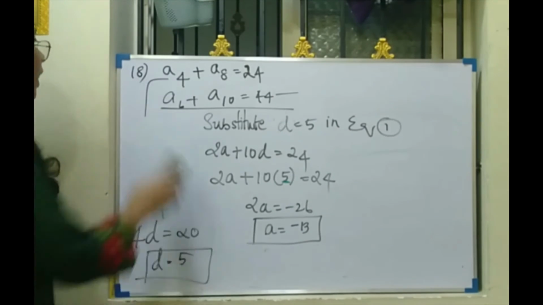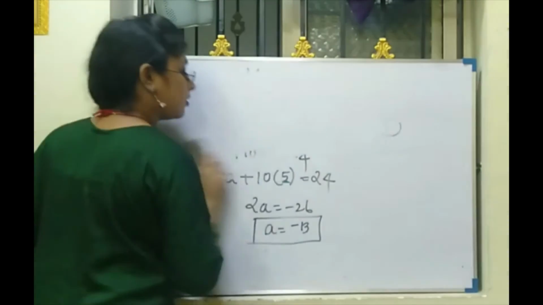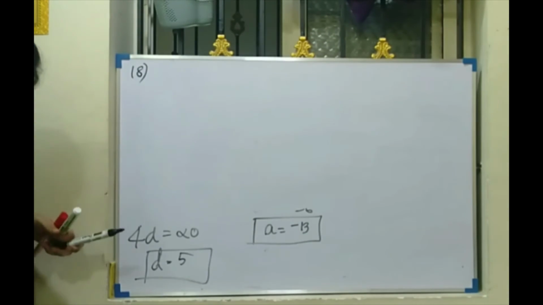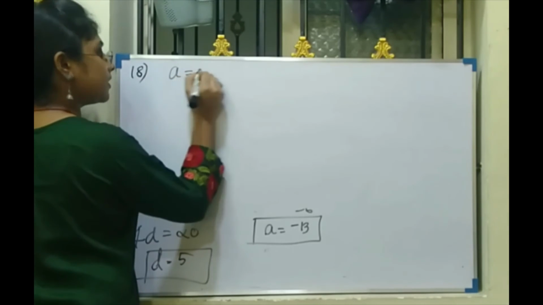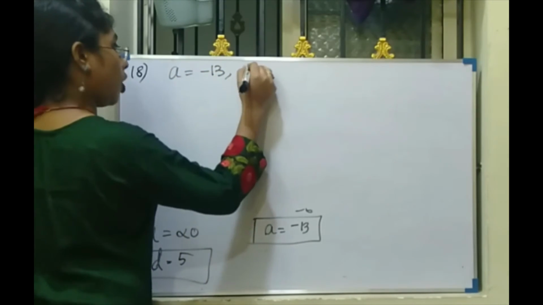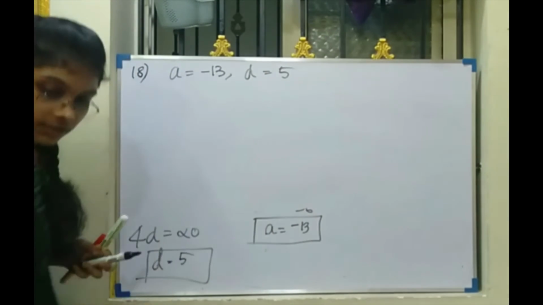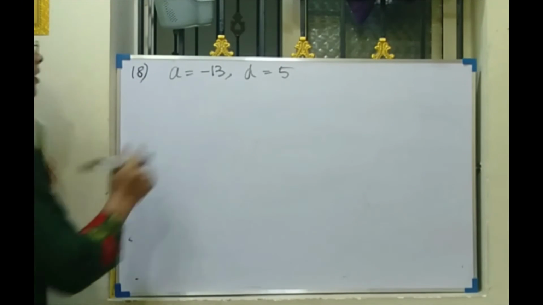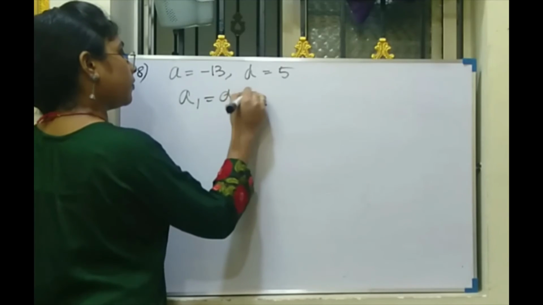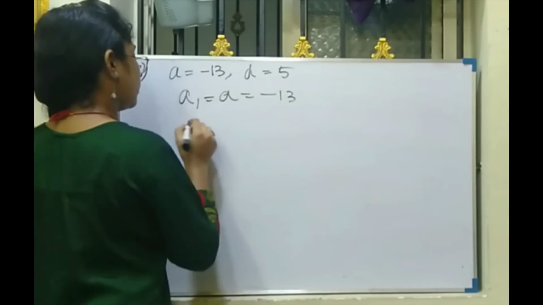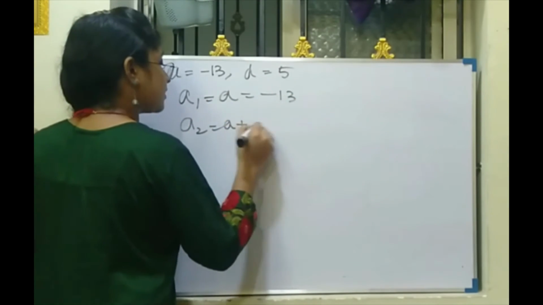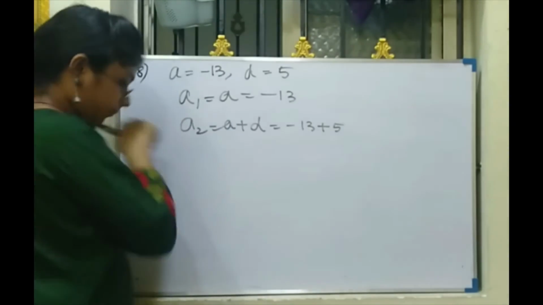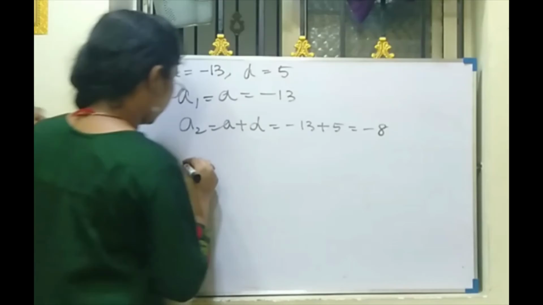Now we have to find the first 3 terms of this AP. So we know what is A and the common difference D. Right? So the first term is equal to A, which is equal to minus 13. A2 will be A plus D, which is equal to minus 13 plus 5, minus 8.